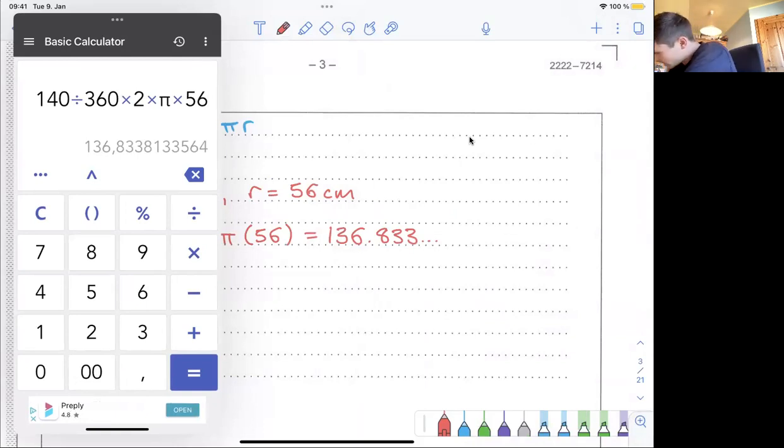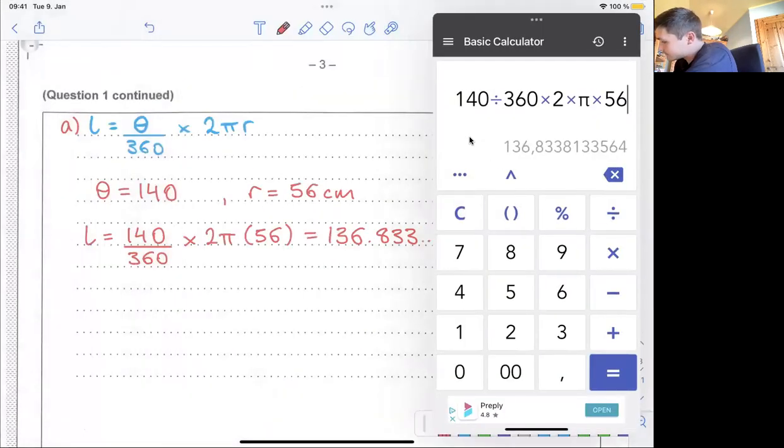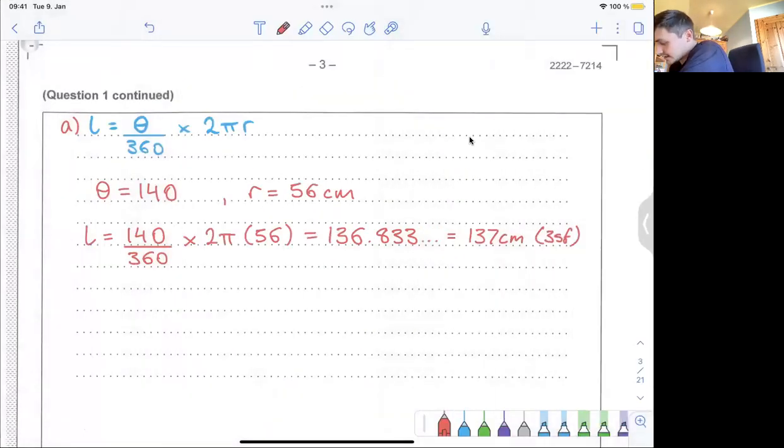Then in normal IB fashion, we will round this to 3 significant figures, which will give us 137 centimeters. We'll write the 3 significant figures down there. Okay, cool. That's part A done. That's the answer there.